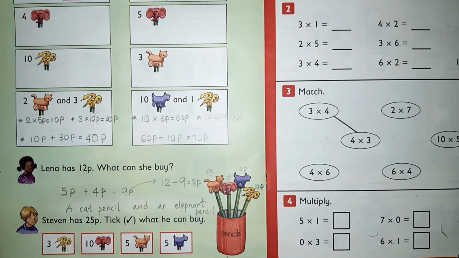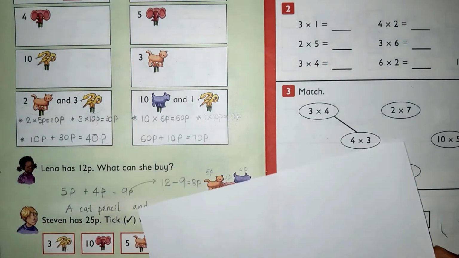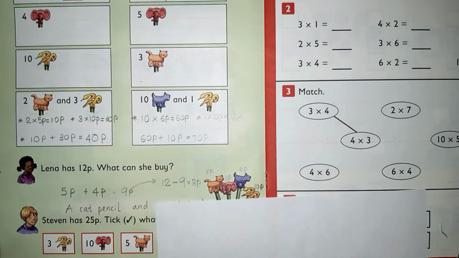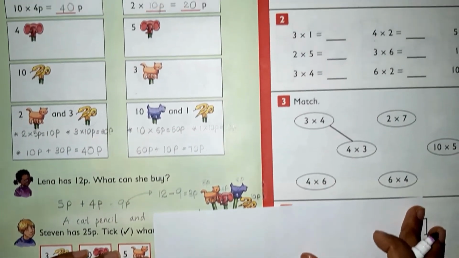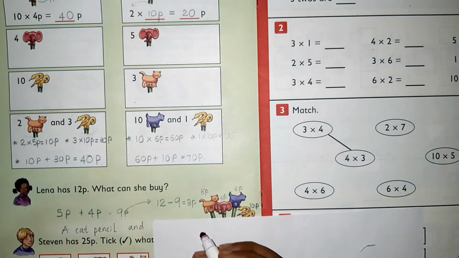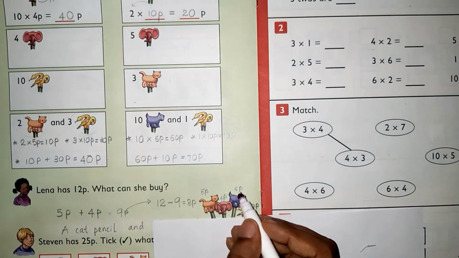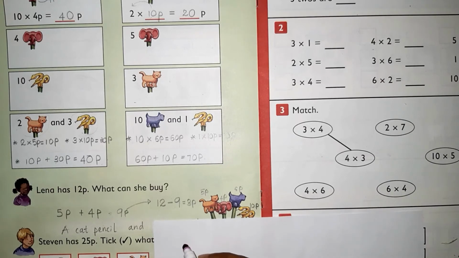Just try by yourself. Now I'm going to do another example for the same question. Now think that I'm going to buy a dog pencil first. A dog pencil has a price of 6 pence.